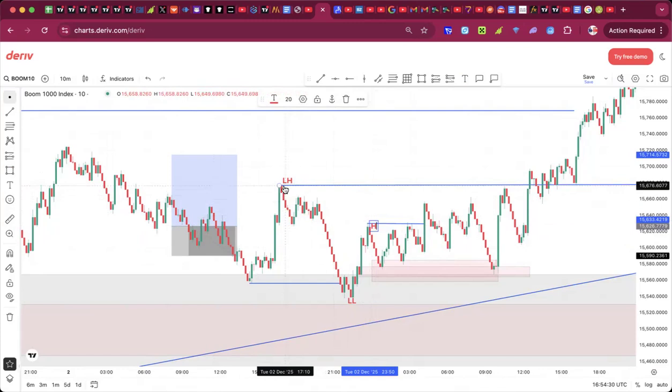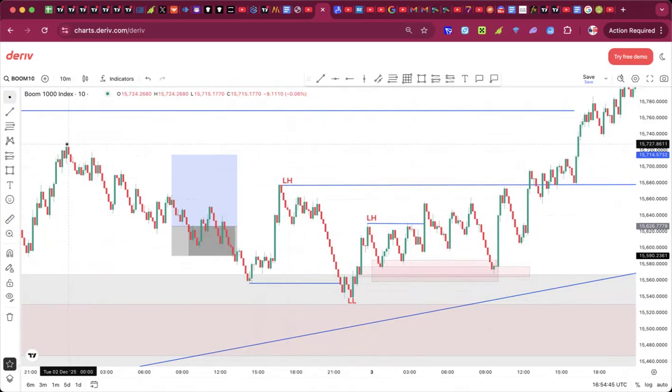But this is the LH. Do you understand what I'm saying now? So this is a lower high, because it is lower than the previous one, another lower high, another lower high. So it has created another LH.